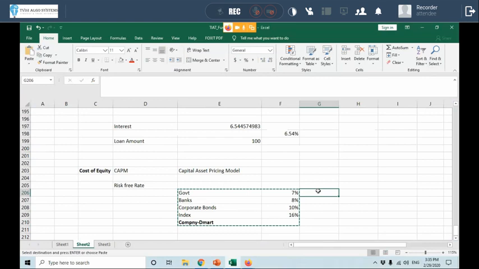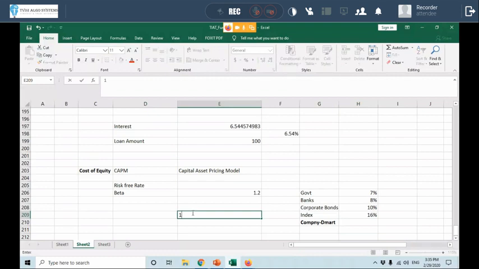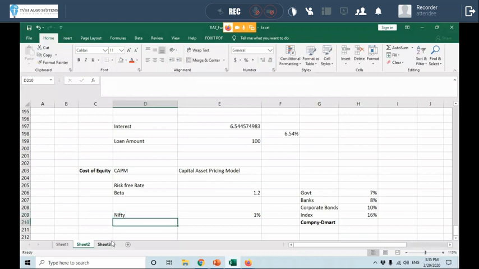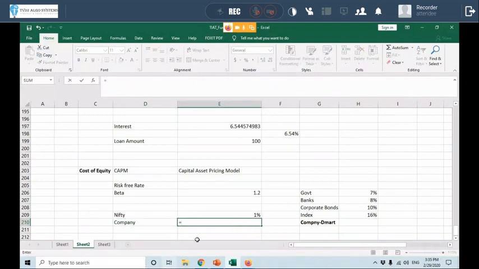Now, if Nifty moves by 1%, your company will move 1.2 times of that, that is equal to 1.2 times of Nifty.